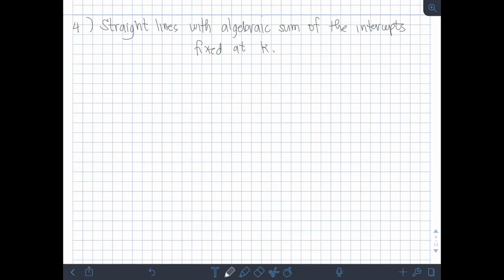Okay? Next, we have straight lines with algebraic sum of the intercepts fixed at k. Okay, so gamitin natin yung form na y equals mx plus b. So, alam natin na dito sa y equals mx plus b, ito yung b natin na y-intercept. So, therefore, para mahanap natin in terms dito yung x-intercept, isa-set natin itong y sa 0.